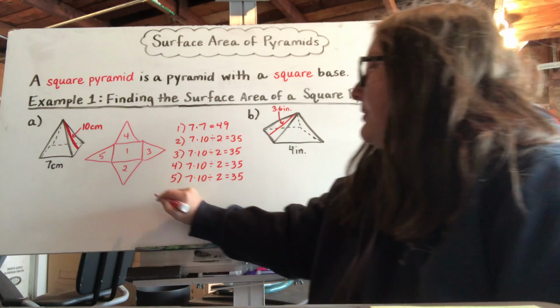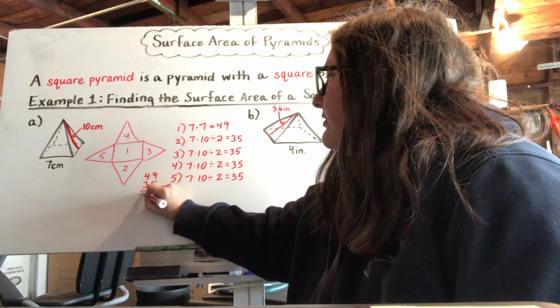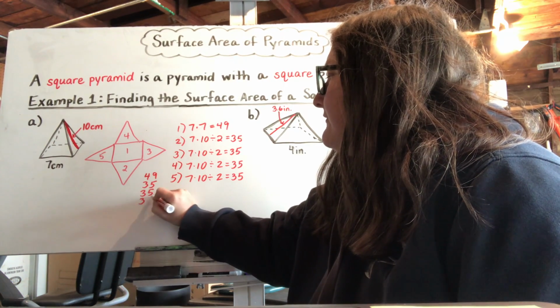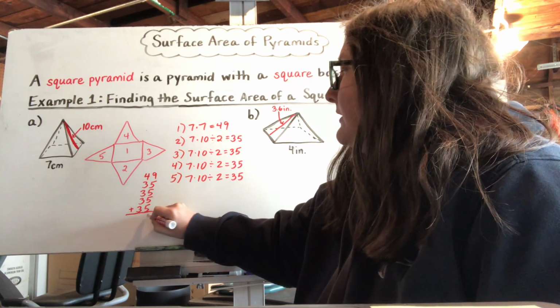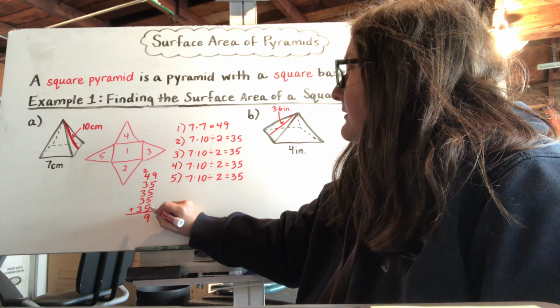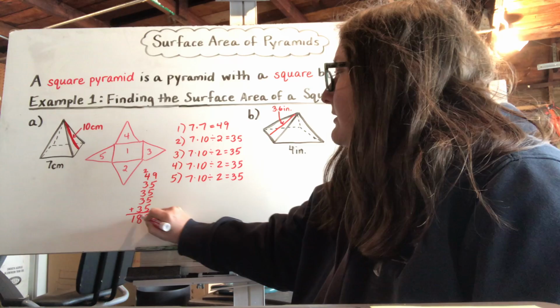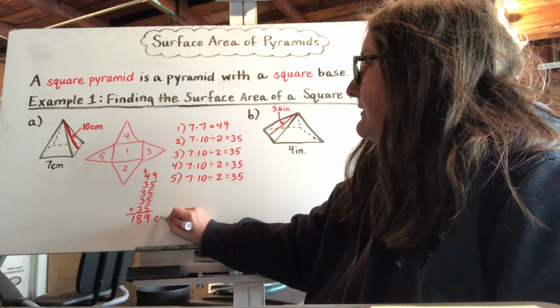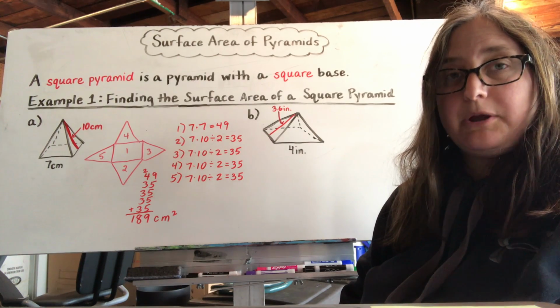So I'm adding up 49 and 35, 35, 35, and 35. So I have 29 here. And 18 here. So 189 centimeters squared is the surface area for this square pyramid.